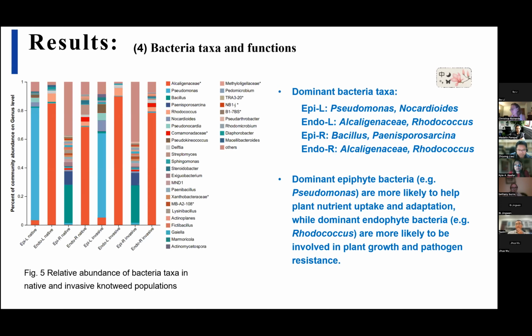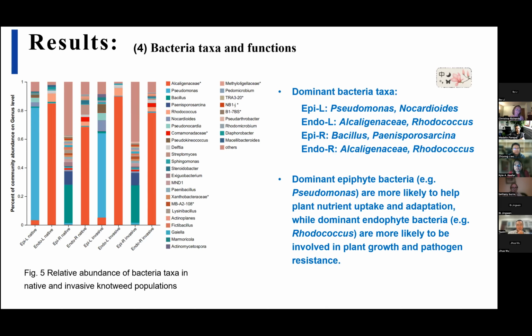So we tried to test these possibilities. We tested the bacterial taxa and functions.